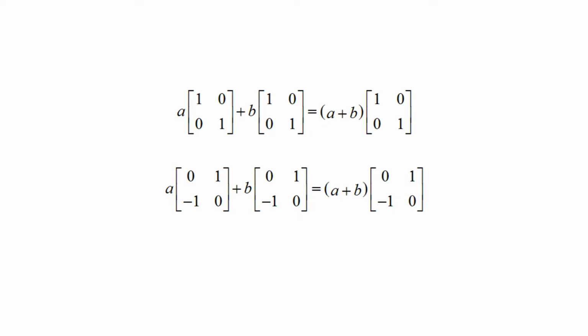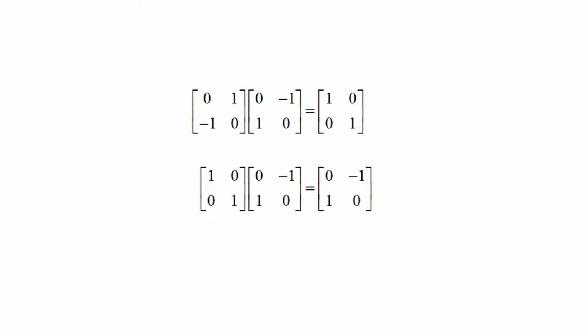What is addition? Addition is adding different amounts of the same permutation together to produce an amount of the same permutation. What is multiplication? Multiplication is sequentially combining together two permutations to form a third permutation.